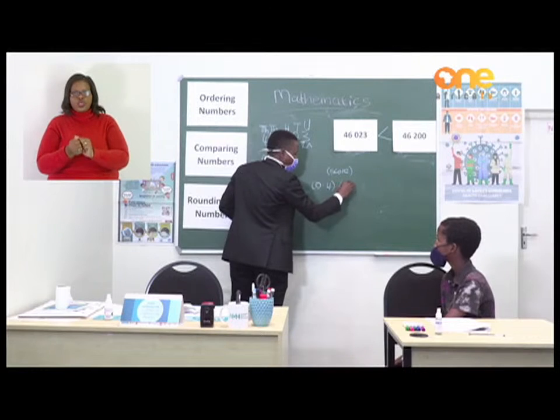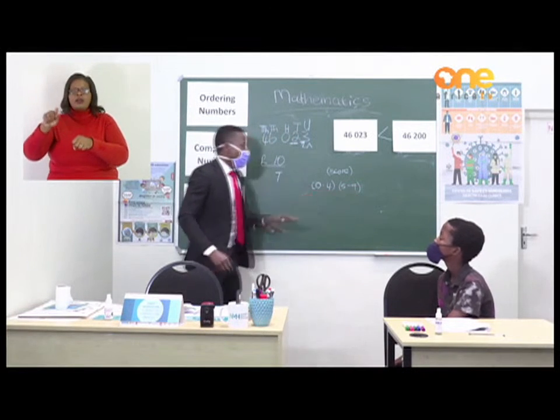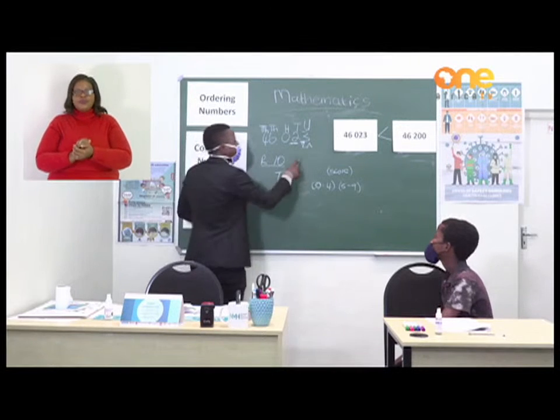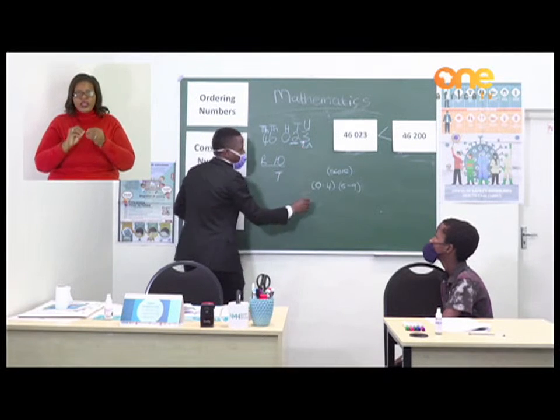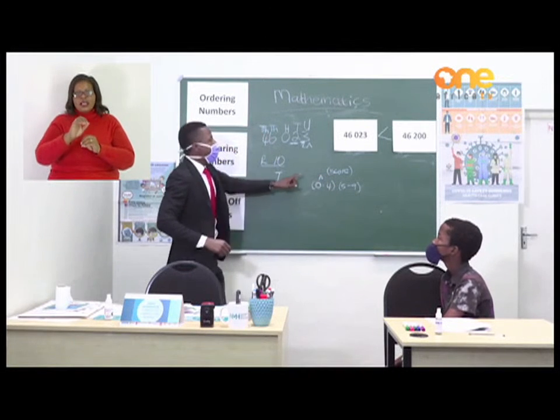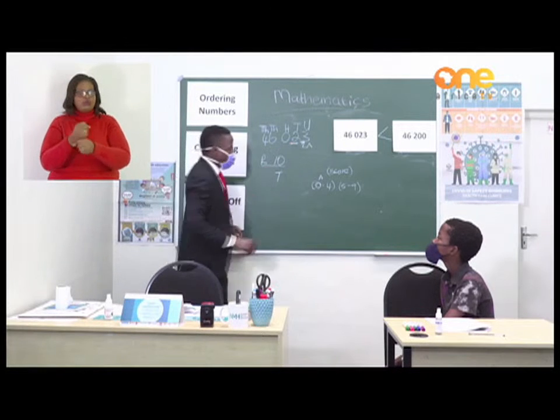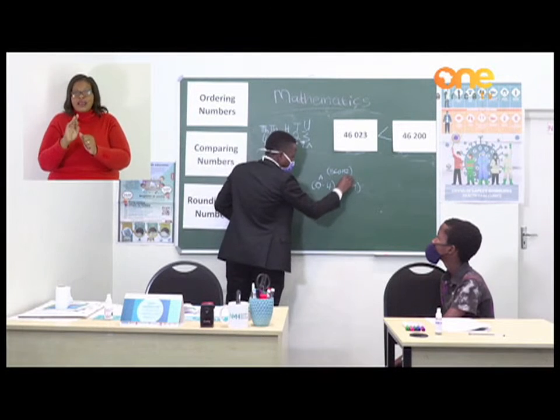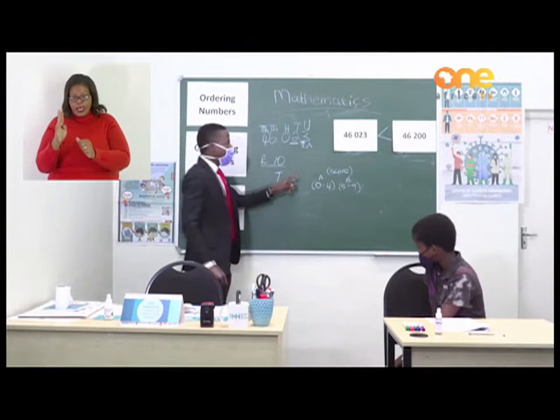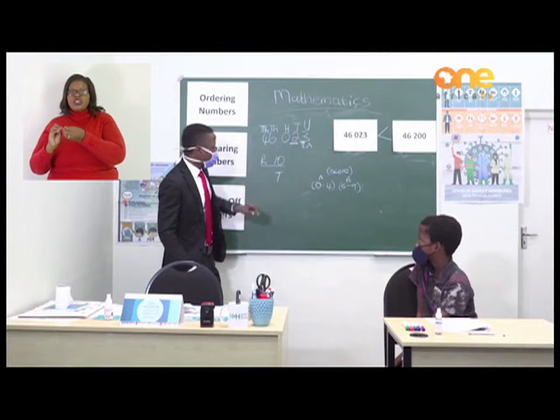From 5 to 9, those numbers can score. Now if the number you are looking at falls in this category A, it will not change the number you are rounding off. But if it's falling in this category B, then it can change the number you are rounding off.